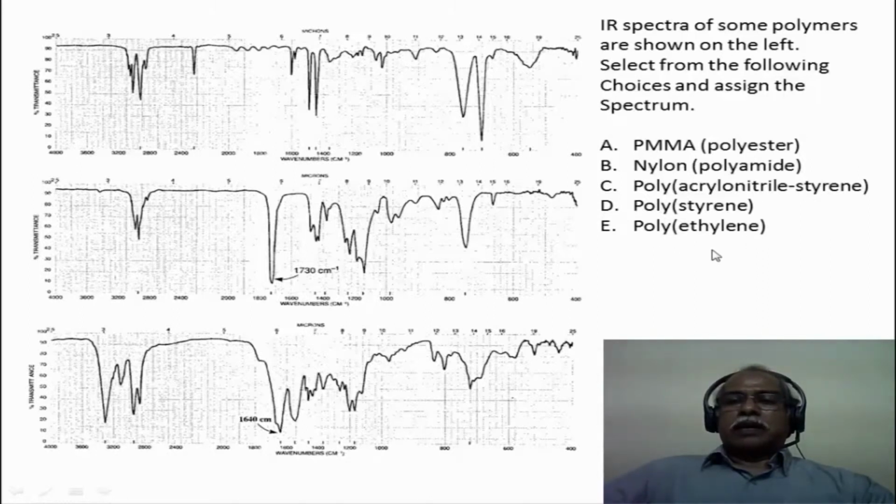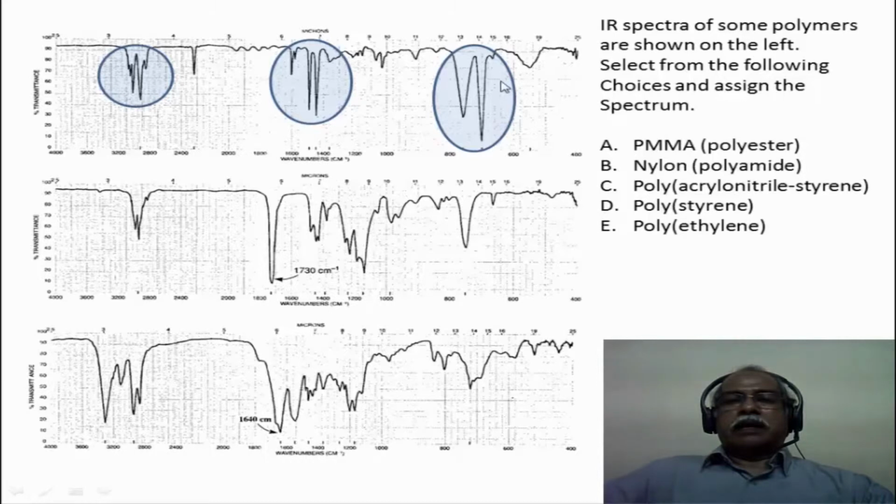Now, if you look at polyethylene polymer, this is a saturated CH2, CH2, CH2 kind of chain. It is like a paraffin oil or a Nujol kind of system is what one should see. So, if you look at the spectrum, the prominent peaks are CH peaks here and C double bond C peaks in this particular region. And again, an out of plane bending kind of mode vibration is what is seen here.